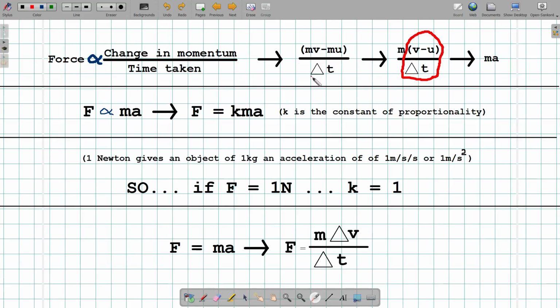It's important to remember that in this circumstance we assume that mass is constant, because it usually will be constant, and we'll talk about when it isn't. So if mass is constant, if m is the same, we can factorize it out of these brackets, and so it is now m times (v minus u). V minus u, remember, is just delta v, the change of velocity.